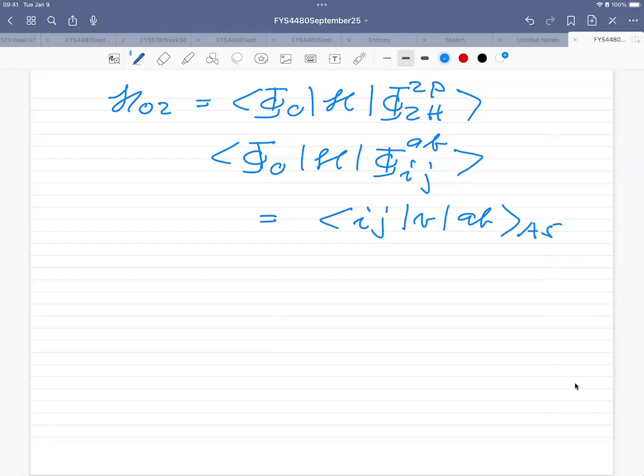So if you have been able to calculate these integrals, you can always tabulate them. And then when you look at this specific Slater determinant or state, you know exactly which single particle states are being changed to particle states. So which hole states you are starting with and which ones you are creating here.